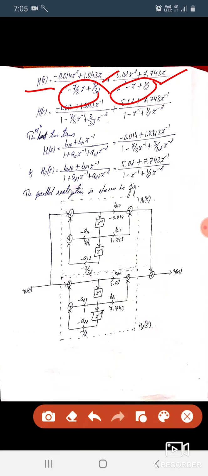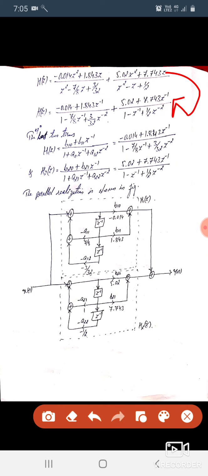Next, again we convert the equation in terms of z inverse. First we converted it to z, now again to z inverse. To do that, multiply the numerator and the denominator with z raised to minus 2. If you do, you will get this equation, that is 0.014 plus 1.843 z inverse. Again here also multiply with z raised to minus 2, and you will get this result.